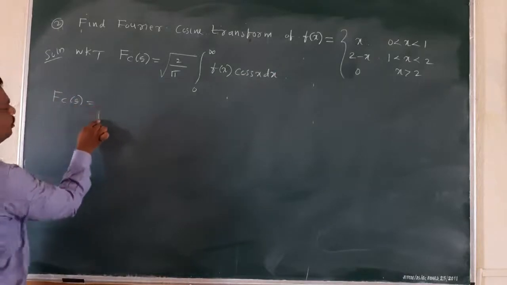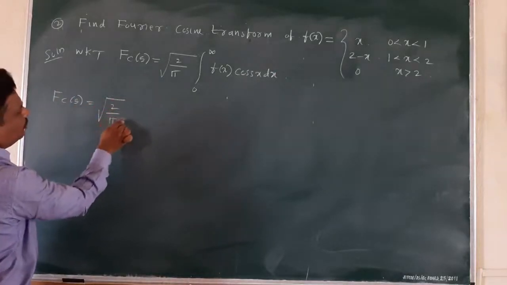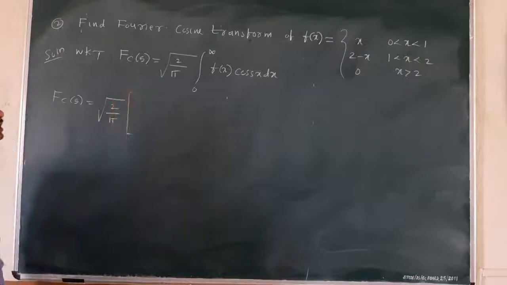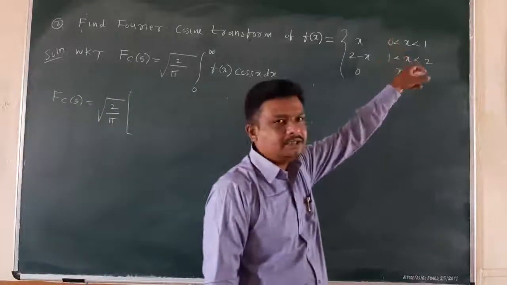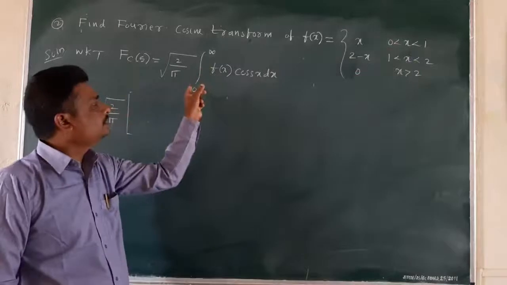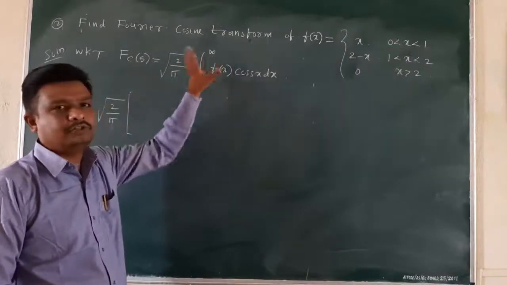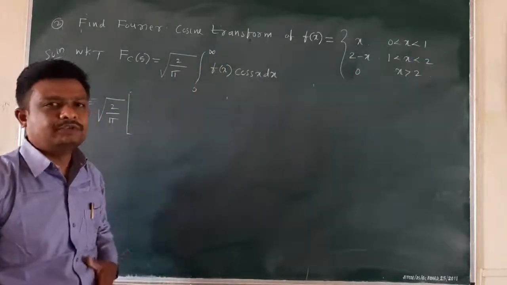Fc of s is equal to square root of 2 upon pi. So I will write as it is here. As per the range, I will divide this range 0 to infinity by using the properties of definite integral.